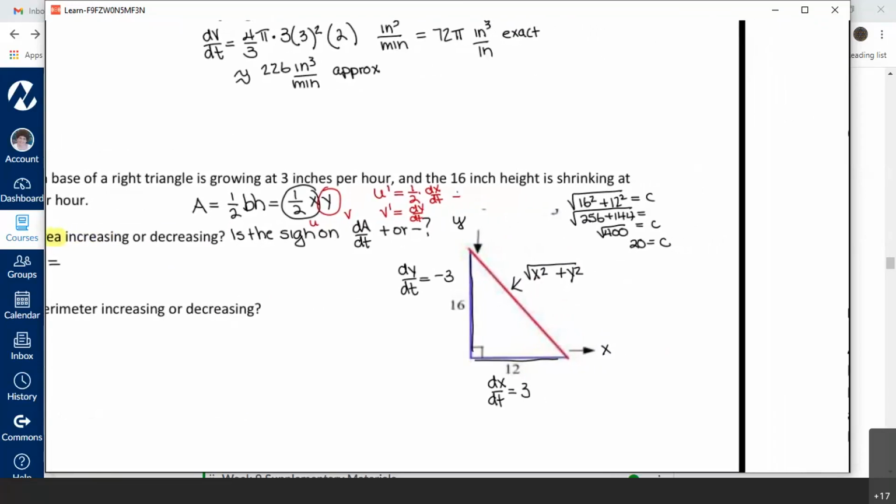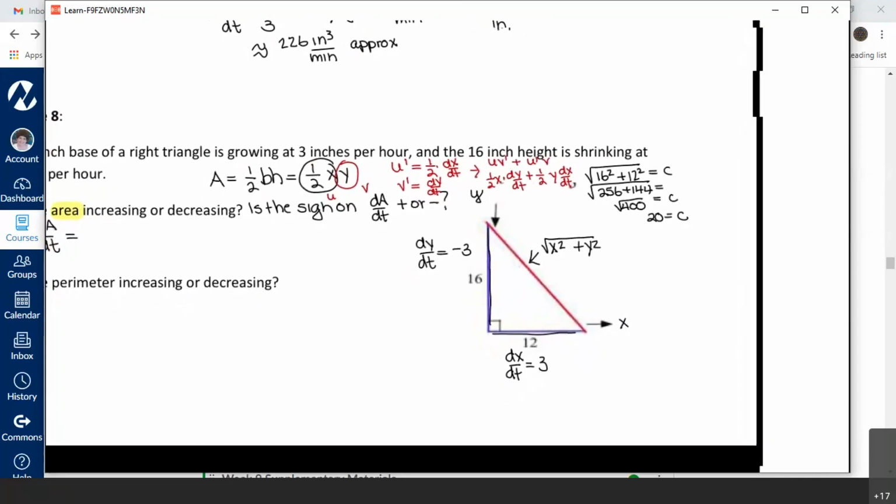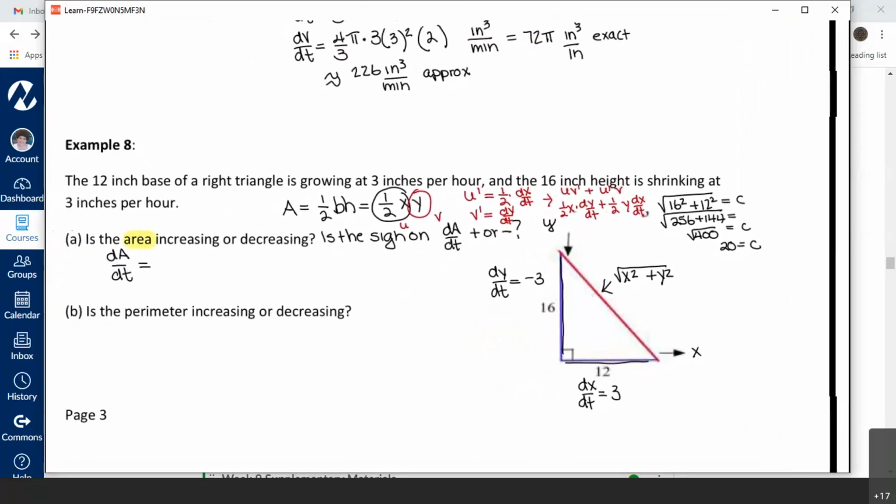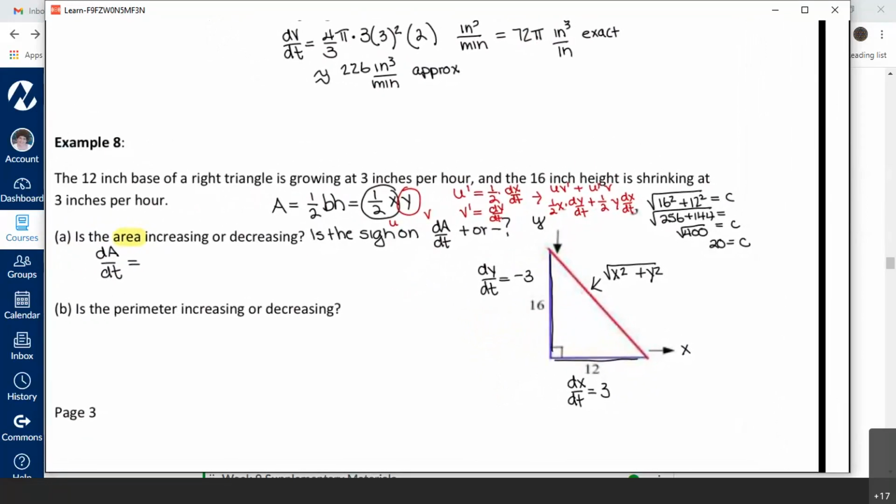Then you put them together in the product rule, u times v prime plus u prime times v, and you're going to get 1/2 x dy/dt plus u prime is 1/2 dx/dt, and the v is going to go in the middle there, which is the y. So that's, again, differentiating this using the product rule first, and then the chain rule inside.